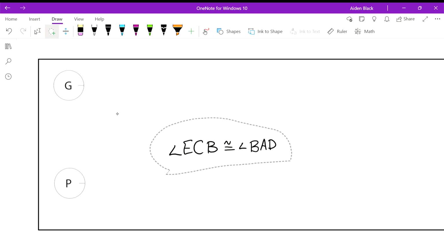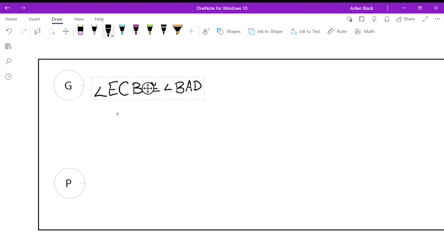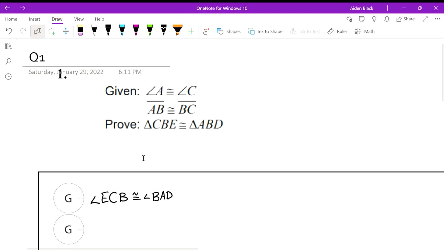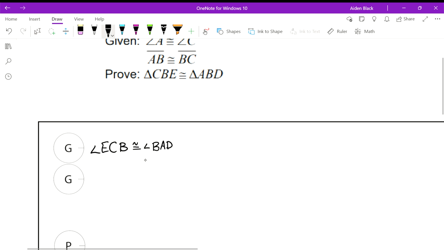So we know this is given, and we're also given one other piece of information. We know that side length AB is congruent to side length BC. So AB is congruent to BC.